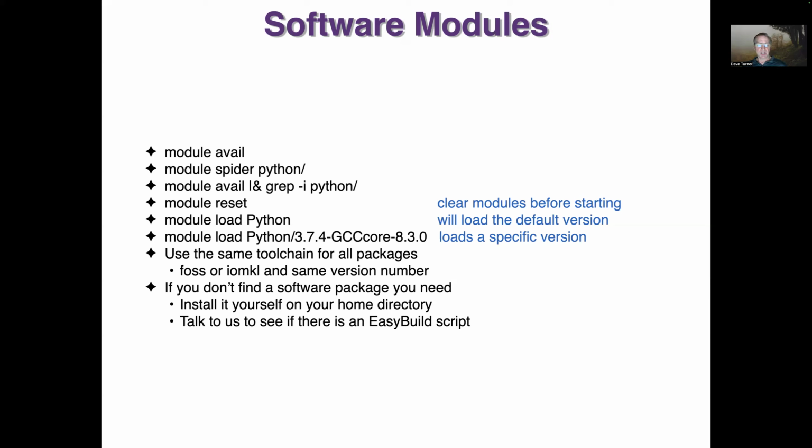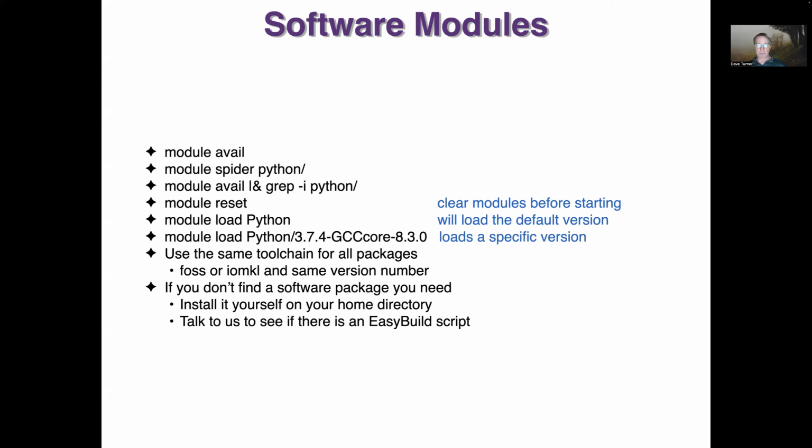There aren't easy build modules for everything, so if we don't have it in a module, it's still your responsibility to install that on your home directory. But if you don't see it in a module, ask us first because there might be an easy build for it that we can do easily.